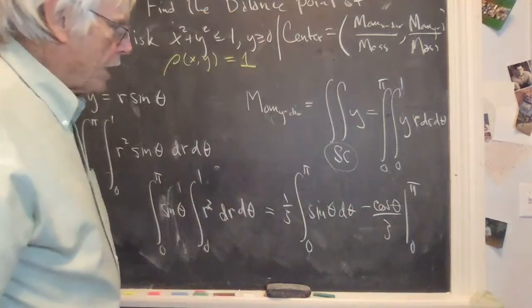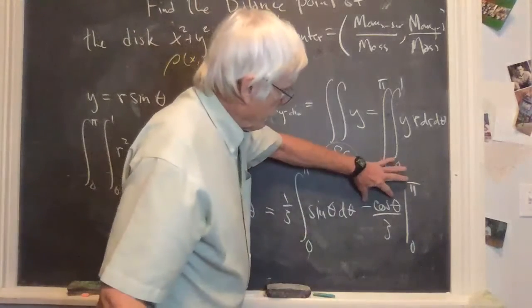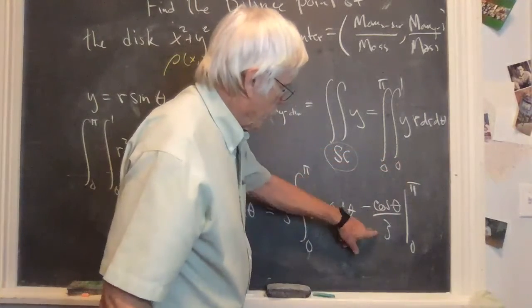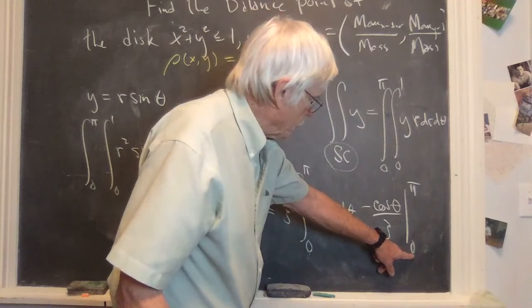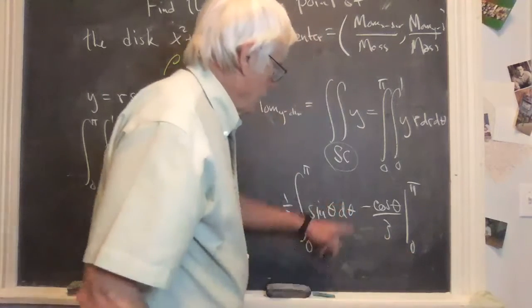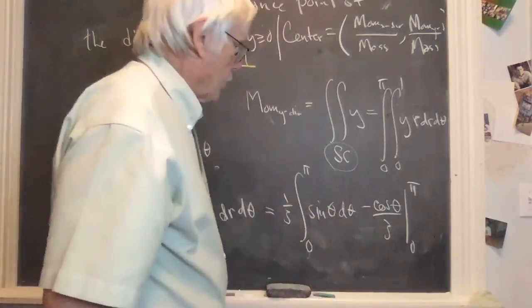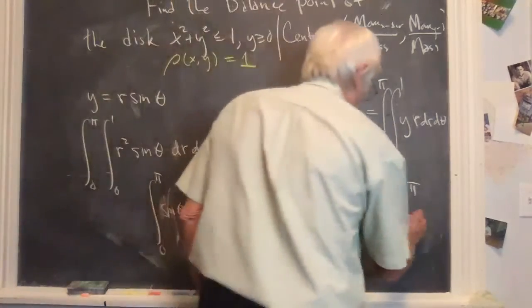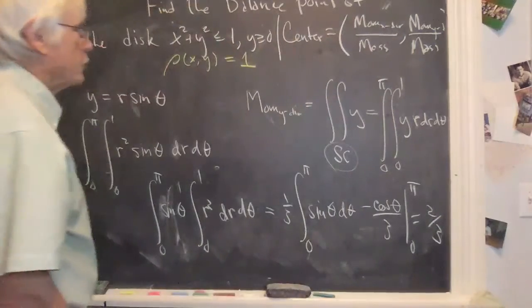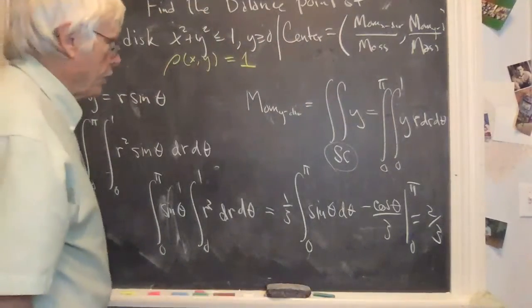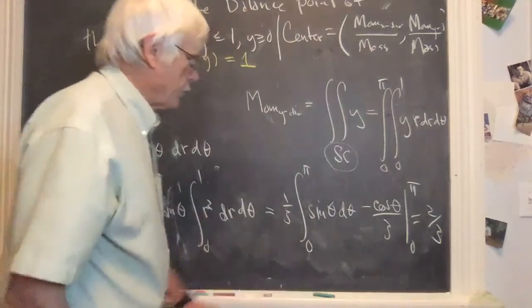At pi, the cosine is minus 1. So this is minus a minus 1, or 1/3. Minus the cosine of 0. So it'll be plus another 1. So this is 2/3. I did that right. So the moment in the y direction is 2/3.